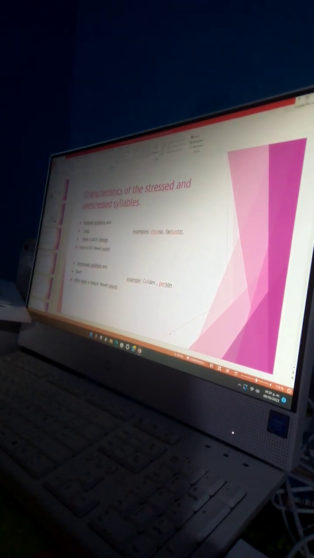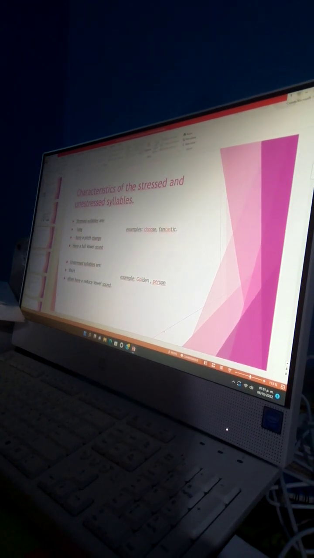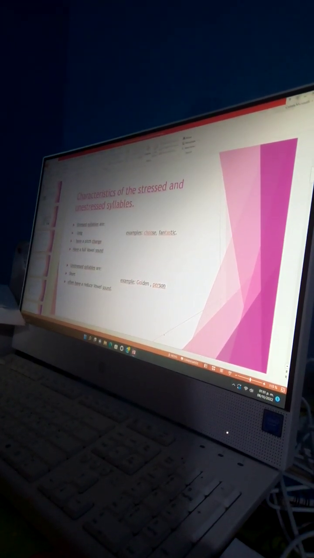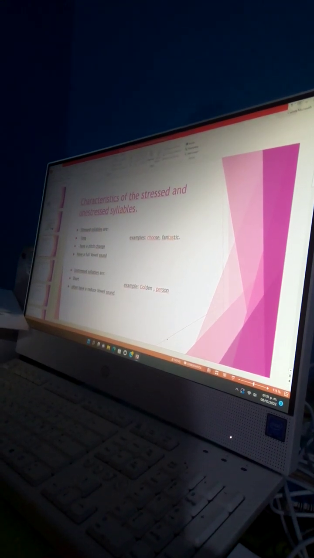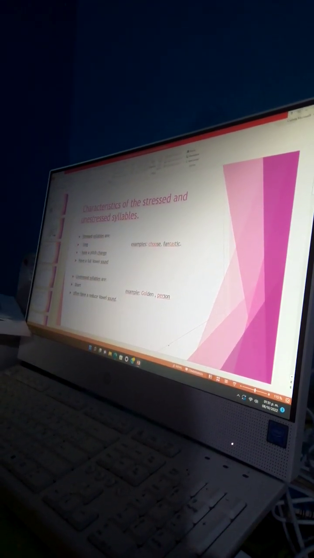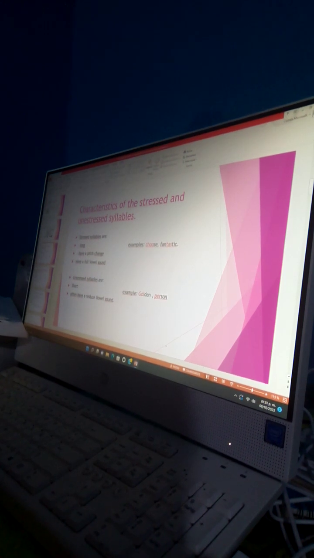Here I'm going to tell you the characteristics of the stressed and unstressed syllables. The stressed syllables are long, have a pitch change, and have a full vowel sound. For example, we see here two examples. The word choose, we make the pronunciation longer.